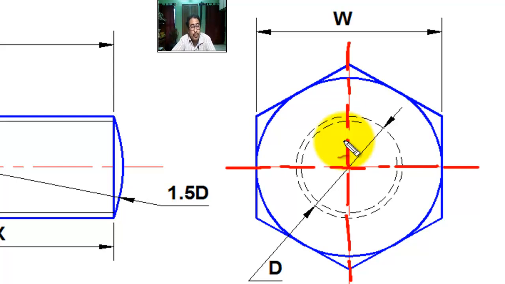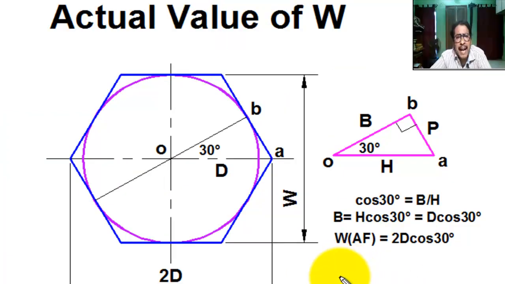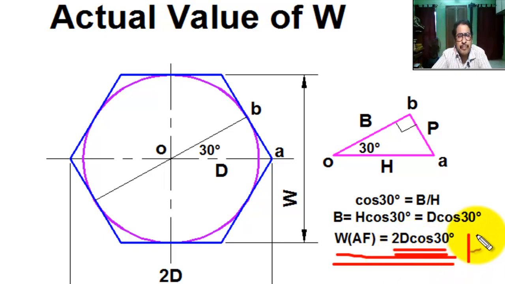There is some problem, so we find out the actual diameter of the circle. The actual diameter of this circle will be 2d cos 30 degree. Okay, how is this possible?